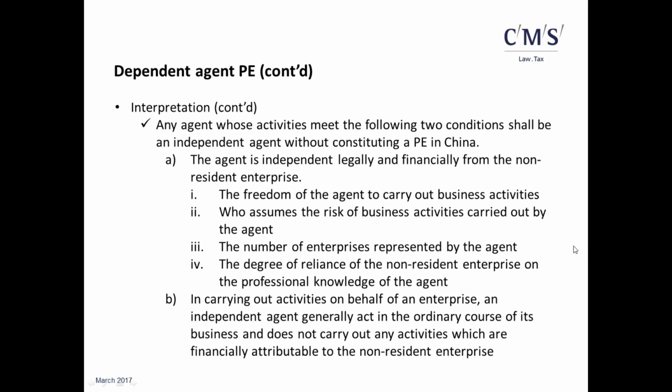Normally, if it is an independent agent, it has its own professional knowledge, and the foreign enterprise should rely on the professional knowledge of the agent rather than giving the agent an instruction or command to follow. If the agent follows the command of the foreign enterprise or relies on the knowledge of the foreign enterprise, then it will be a negative factor for assessment. Next slide.